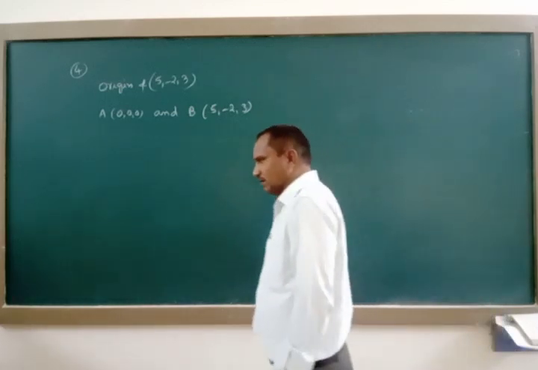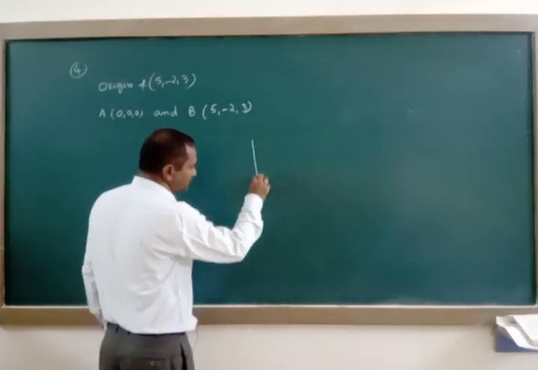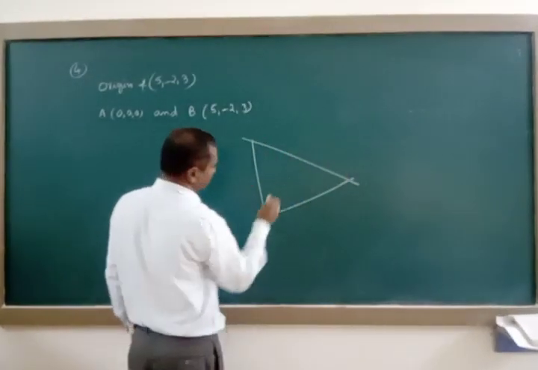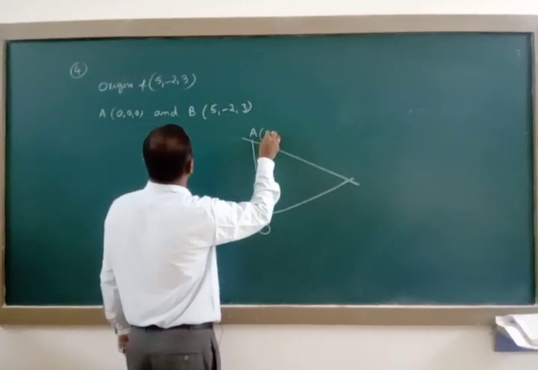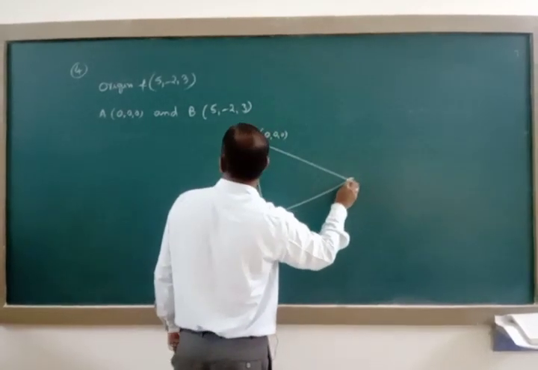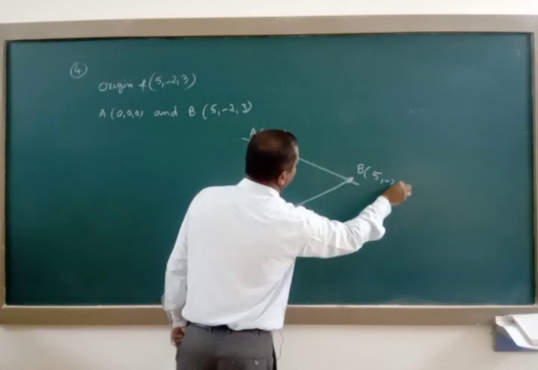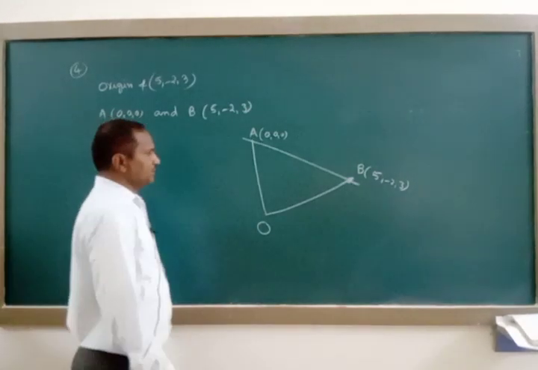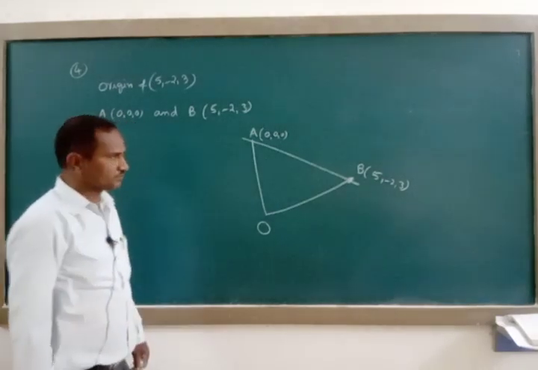Passing through 2 points, I am showing here geometrically and diagrammatically. A is the fixed point (0, 0, 0), and B is (5, -2, 3), and they are in the same direction.